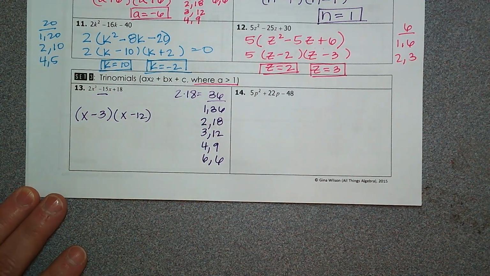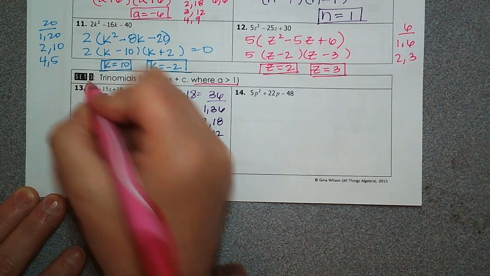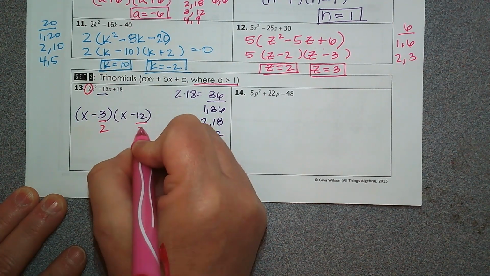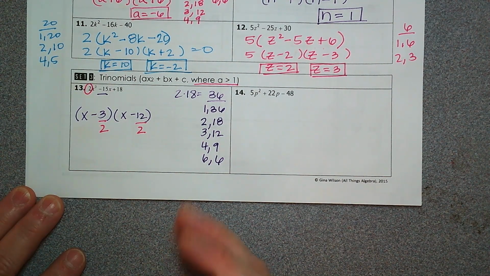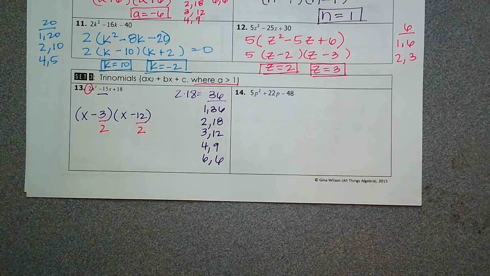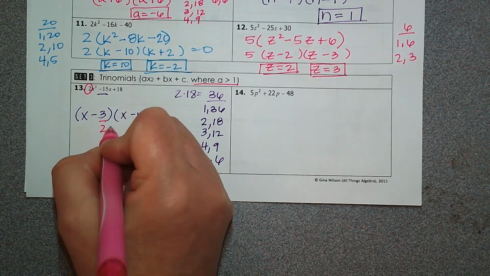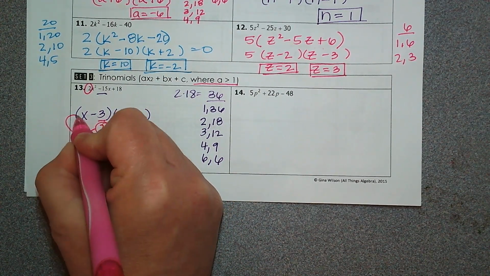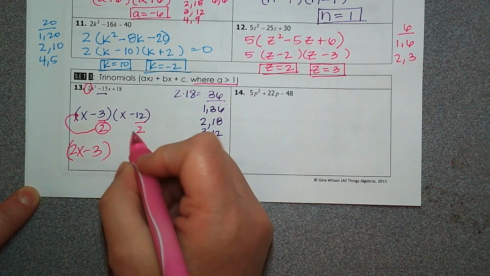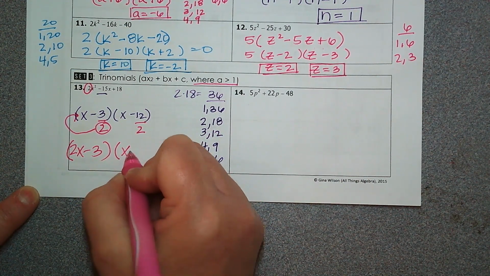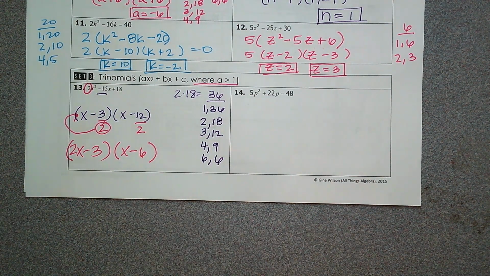Then I have to take A and divide it into both factors. When you divide, if you get a whole number, you leave it alone. If you do not get a whole number, that's when you bring bottoms up. 3 divided by 2 is not a whole number, so I'm going to bring bottoms up. 12 divided by 2 is a whole number, so I'll leave it alone.